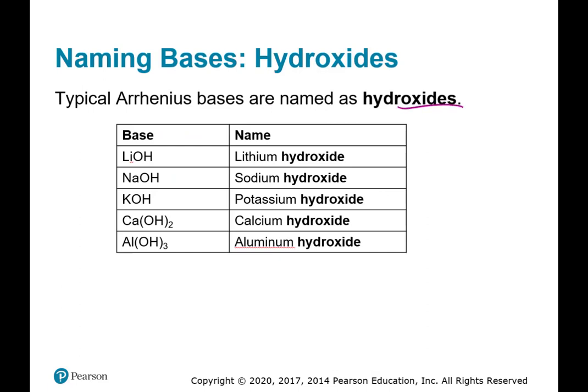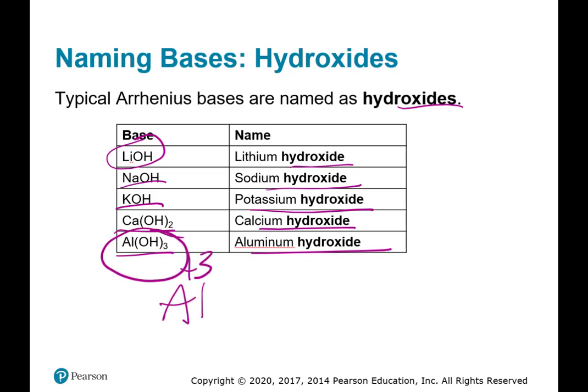Here are some examples of hydroxide: lithium hydroxide, sodium hydroxide, potassium hydroxide, calcium hydroxide, aluminum hydroxide. We still need a balanced compound. Remember, this Al(OH)3 is because aluminum has a +3 charge when it becomes an ion, and OH is always -1. So we would need 3 hydroxides to balance that compound out.